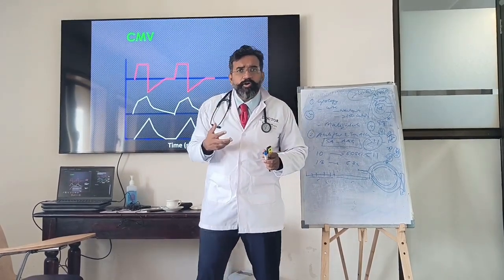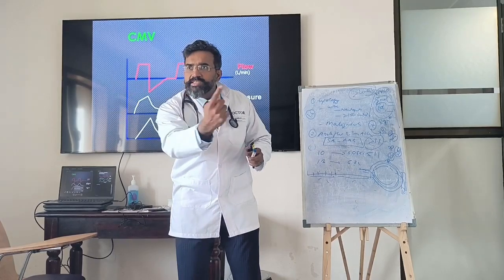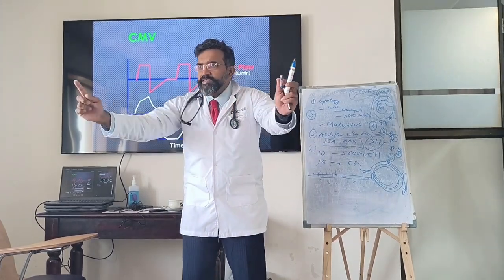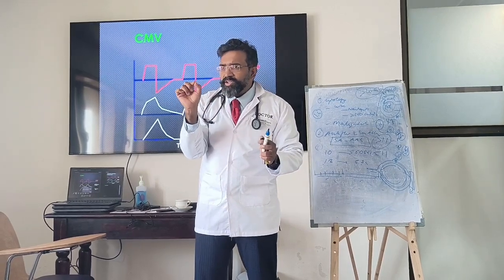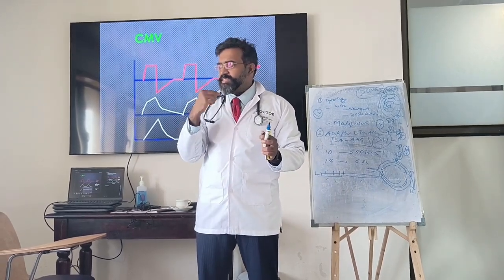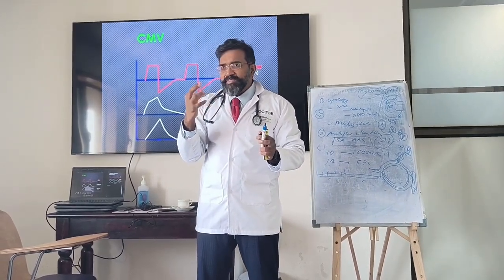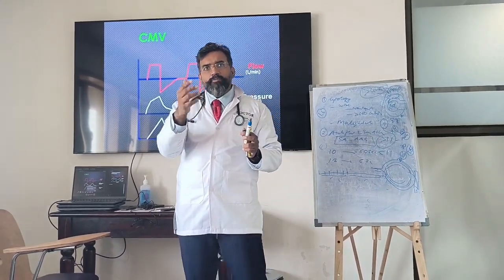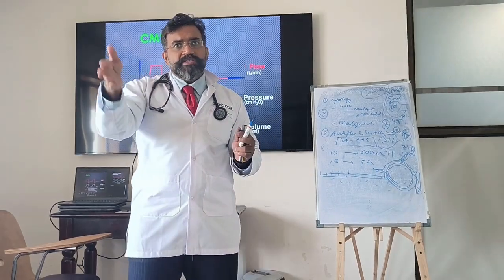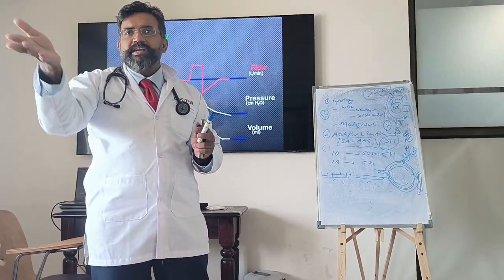But in a flow trigger, the bias flow going around the circle slightly changes when the patient takes a breath. Clear? That is called flow trigger. And depending on what you have set, +1, +2, +3, +4, the ventilator initiates the breath.